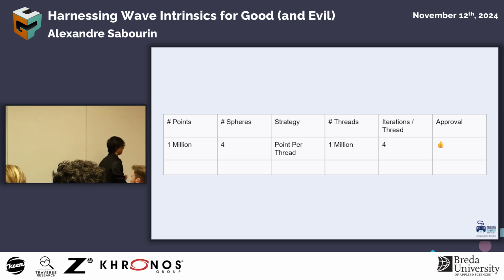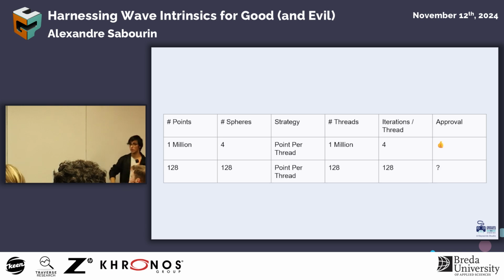Great. But what if we have 128 points and 128 spheres? Now we're spawning 128 threads, and they're each iterating 128 times, which is not the best use of our GPU, especially as the number of spheres grows. Maybe we have 1 point and then 1,024 spheres.